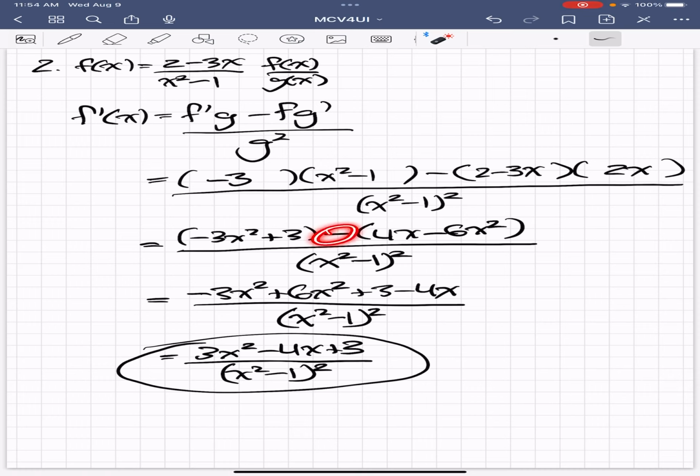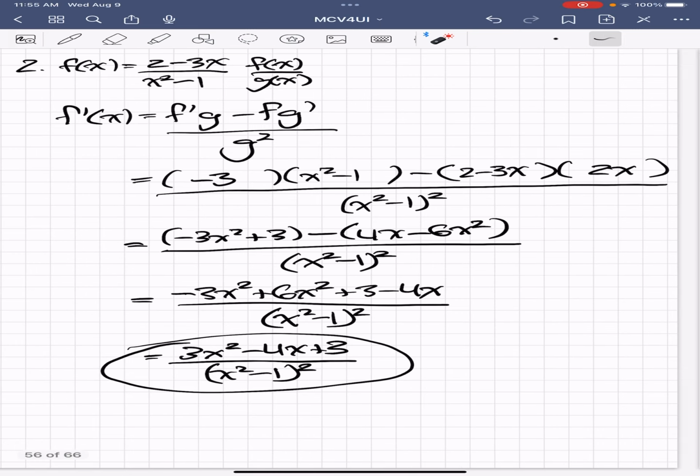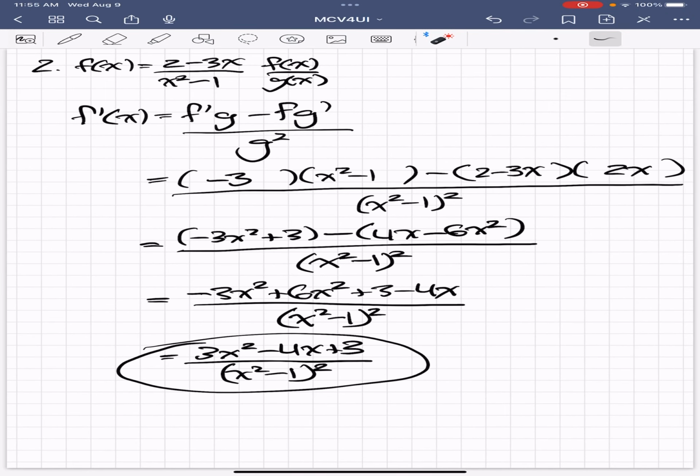And then a minus and a minus cancels out, becomes a plus. That's why I got plus 6x to the power of 2. And then I followed BEDMAS, or order of operations, and then I got the answer.